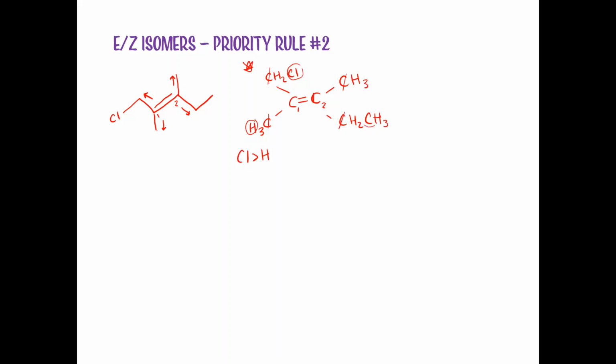Now we're going to look at carbon versus hydrogen, because remember, this is carbon bonded to carbon, and the H's are off to the side. So we're looking at this interaction. Carbon is higher than hydrogen, so this is higher priority. They're on opposite sides, so that means that it is an E conformation.